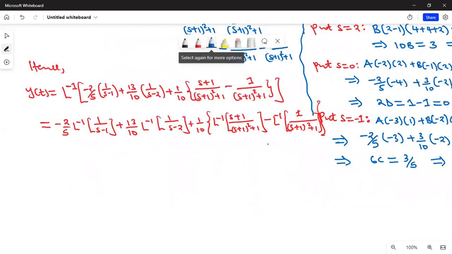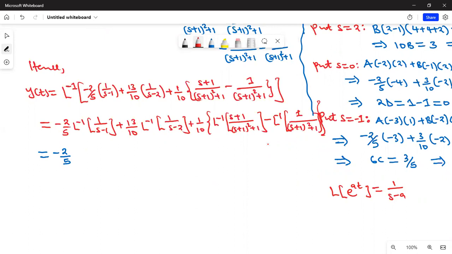So now when you read from the table of Laplace transform, this is what you're going to get. So it will be equal to negative 2 over 5. I want us to take note that the Laplace transform of exponential at will give you 1 over s minus a. So now we are reading backward. So now we have 1 over s minus 1.